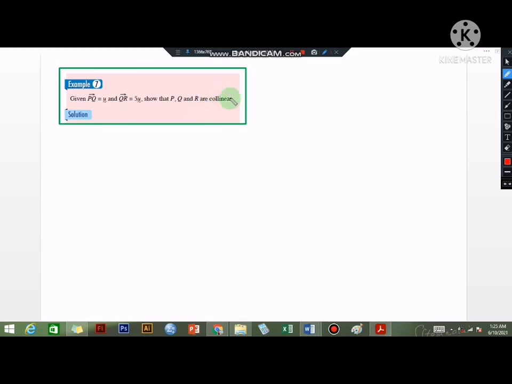Okay, collinear is a parallel. So what does it mean by collinear? Collinear means like this. You have a straight line, and then there are the points P, Q and R. P, Q and R are collinear.